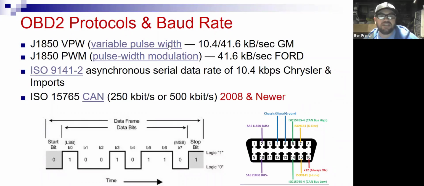I'm just checking the chat real quick. So the question is, is base data similar to live data after having performed? So the freeze frame data is the data that was stored when the code was set.